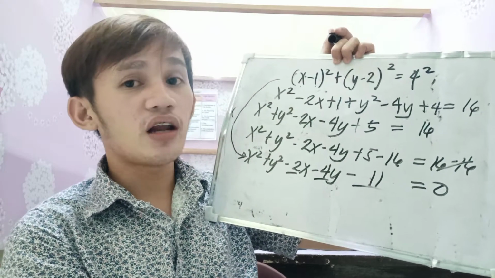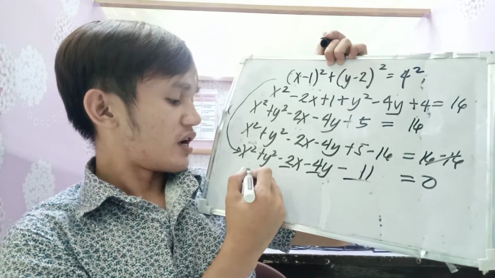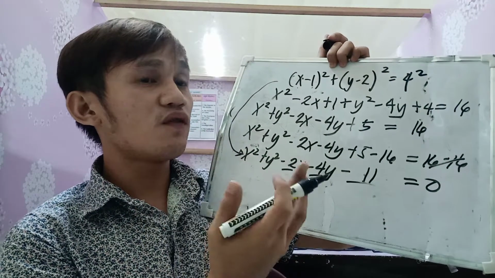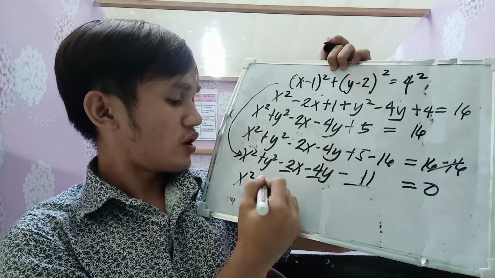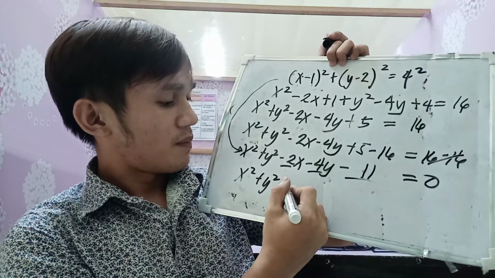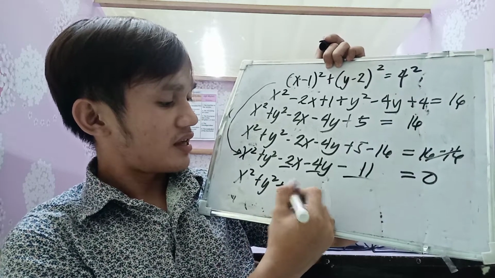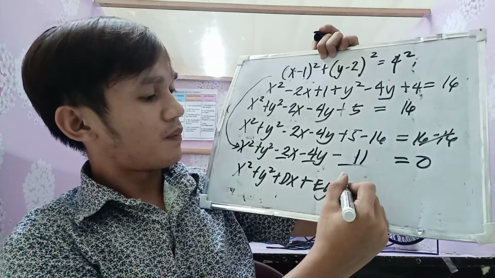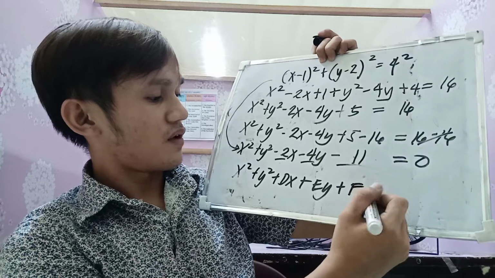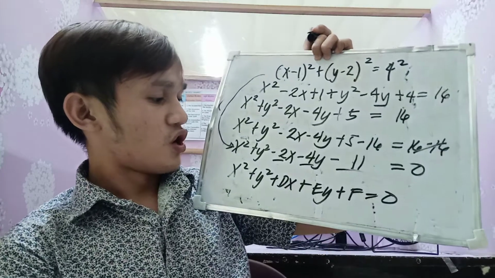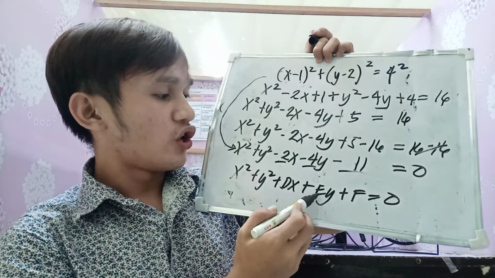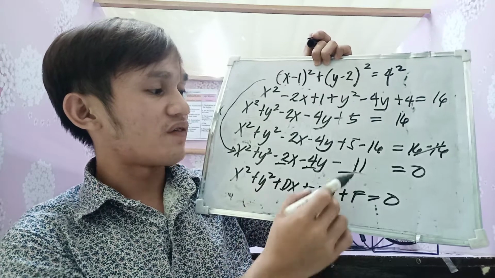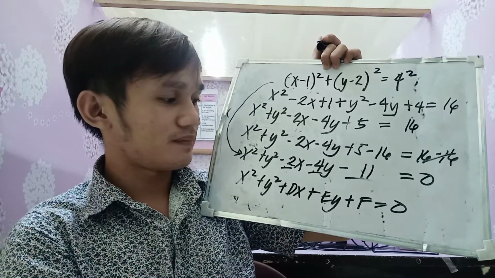Because the general form of a circle is x squared plus y squared plus dx plus ey plus f is equal to 0. So your D is negative 2, your E is negative 4, and your F is negative 11.